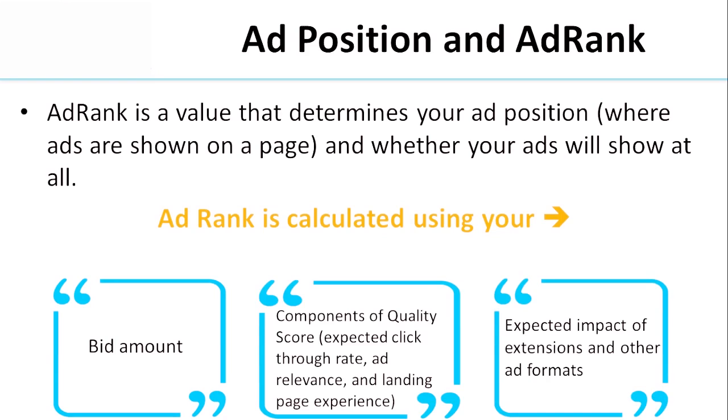And of course, last but not least, the type of ad format that you are using. So these are calculated collectively to determine the ad rank, and that ad rank value basically reflects the position of your ad.